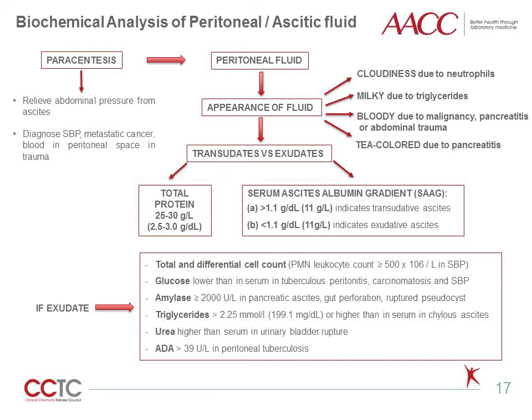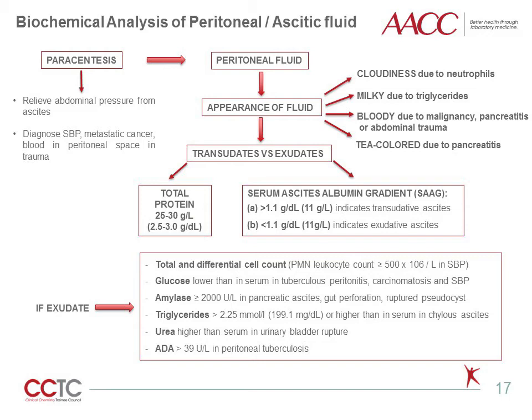Polymorphonuclear leukocyte count higher than 250 million per liter is used to make a presumptive spontaneous bacterial peritonitis diagnosis. Low glucose has been reported in tuberculous peritonitis, carcinomatosis, and spontaneous bacterial peritonitis due to leukocyte or bacterial consumption.